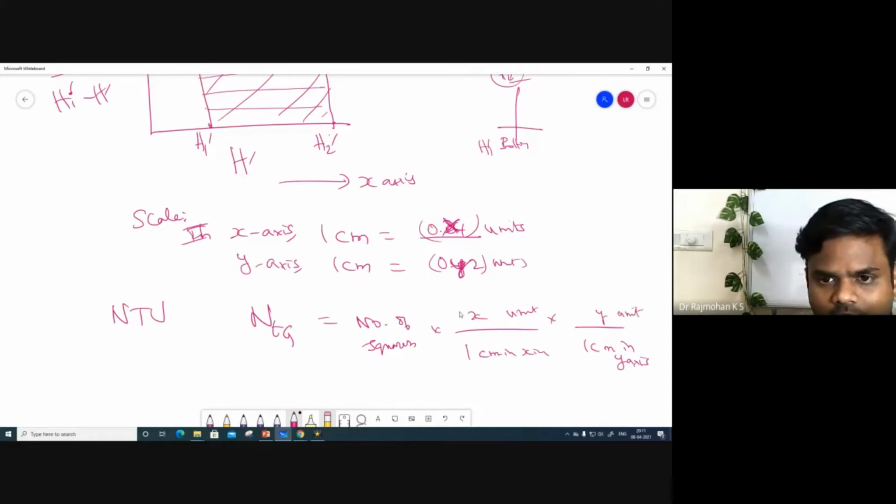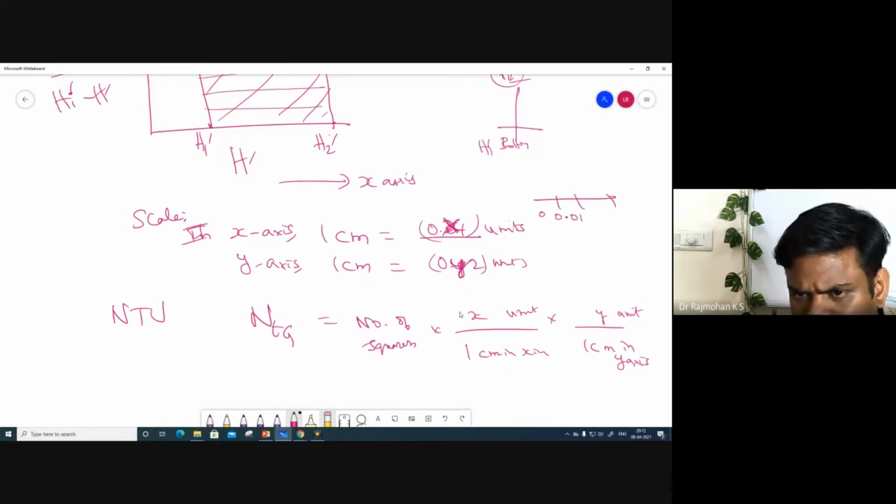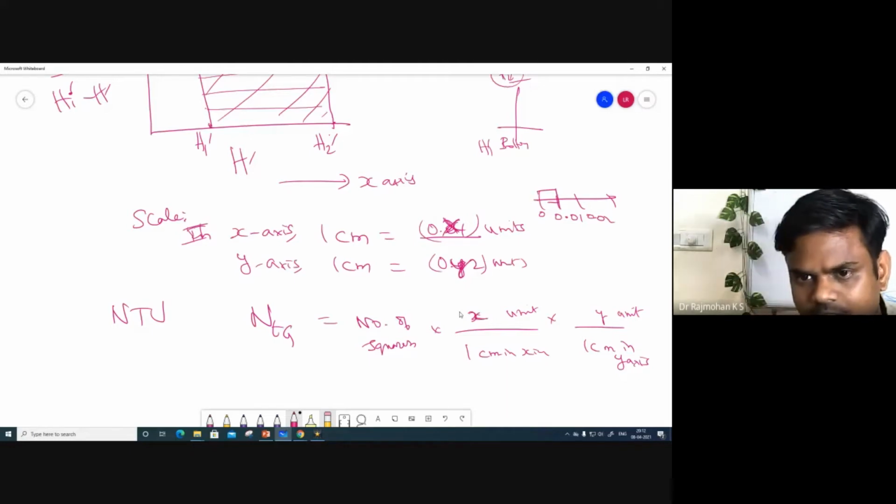Say for example, in the x-axis you may be plotting 0, 0.01, 0.02 like that. So 0.01 is the conversion factor here, the scale factor x. Similarly, in the y-axis if you plot 0.02 as one unit, 0.04 like that, your y value is 0.02. So that value we will substitute, whatever scale we are taking.